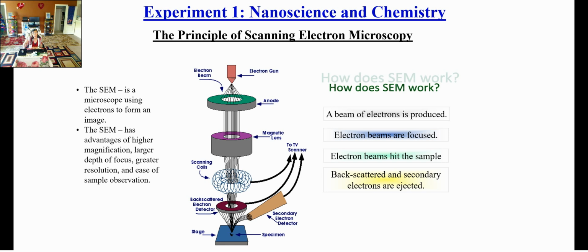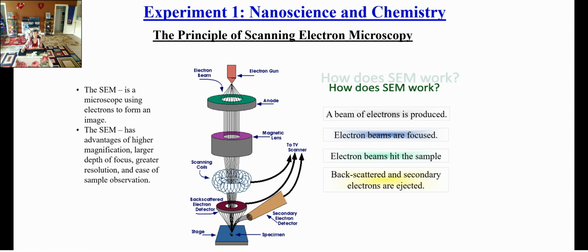You are going to have backscattered electrons. Electrons will be bounced back, called the backscattered electrons. Some electrons will be absorbed by your materials, and your materials are composed of lots of electrons. The electrons will be scattered out, kicked out. You call these secondary electrons.